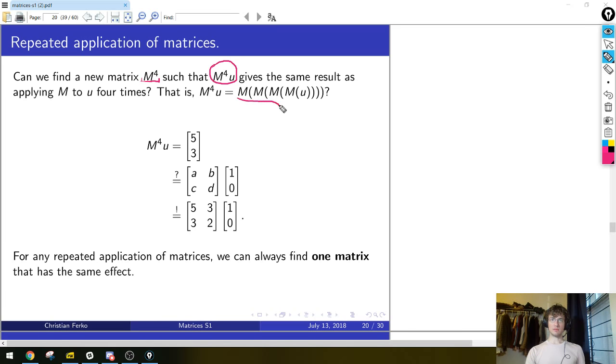Remember, M applied to u 4 times was this thing, 5, 3. So if I'm too lazy to iteratively multiply a matrix times this vector, could I just find a single matrix that will do it in one step?